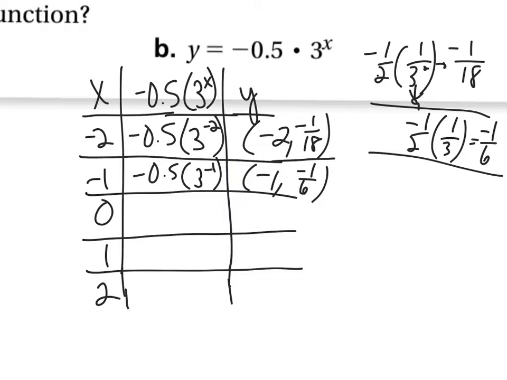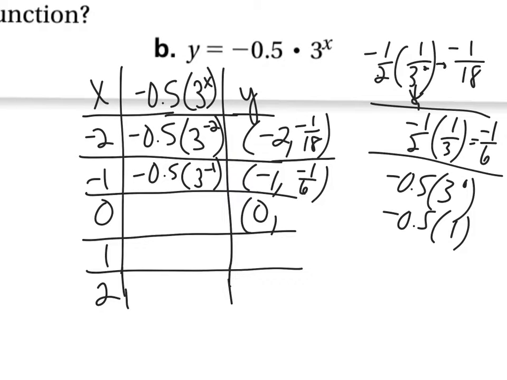And we put in a 0. Well, 3 to the 0 power is equal to 1, so that'd be negative 0.5, or negative 1/2.